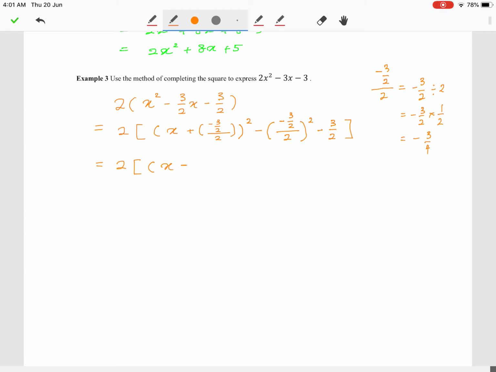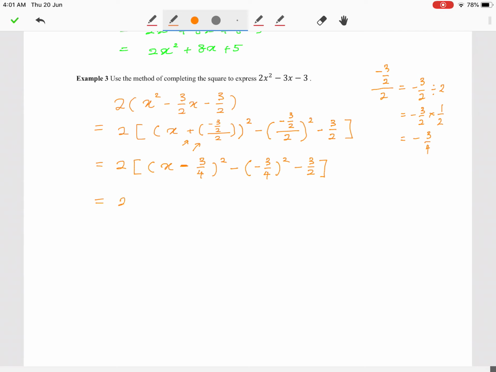minus. Because it's a plus and a minus in the bracket, it gives you a minus, minus 3 over 4, squared, then minus, so again this one is going to give you negative 3 over 4 squared minus 3 over 2.